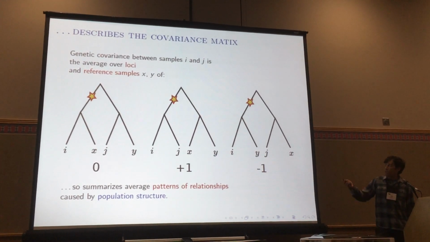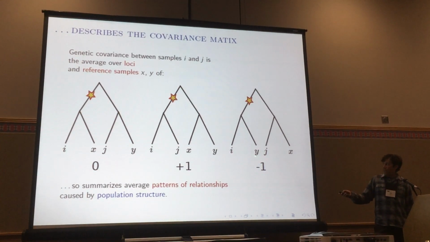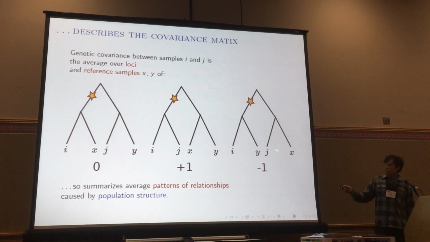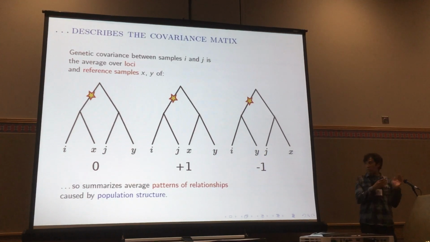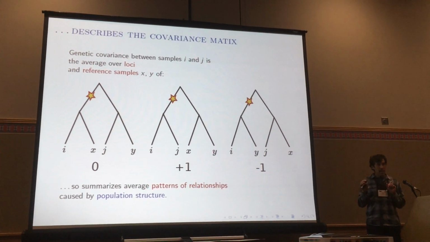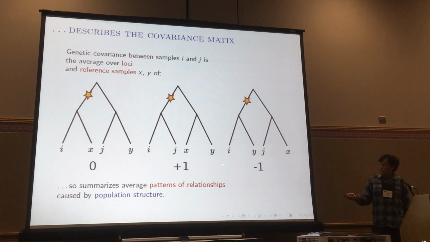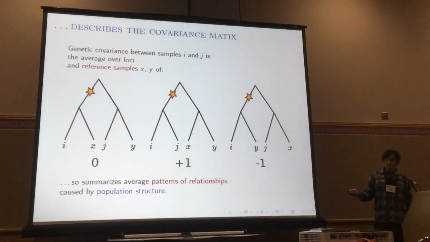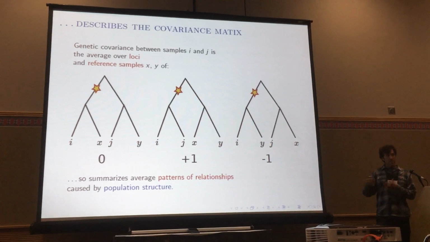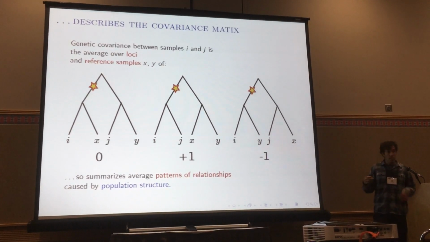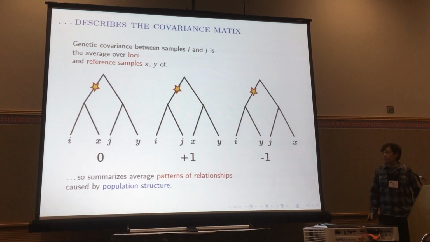And every time you get a mutation that puts I together with X, separate from J and Y, you subtract 1. You average that across X and Y and also loci, and that gets you the covariance matrix. So if I and J are closely related in many parts of the genome, then that will happen a lot, and they'll have higher covariance.